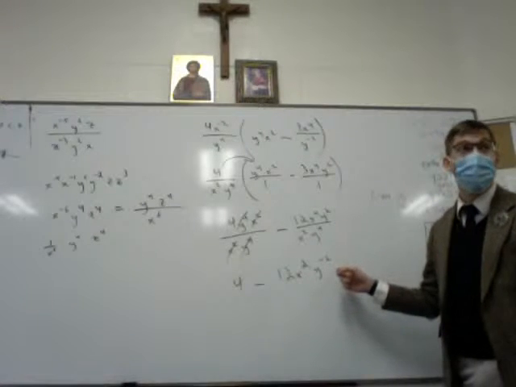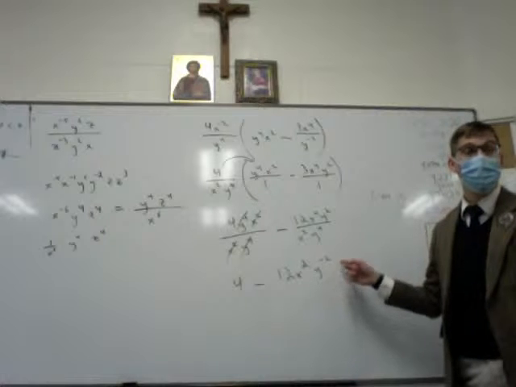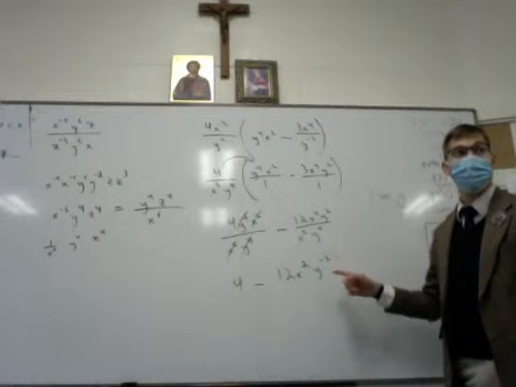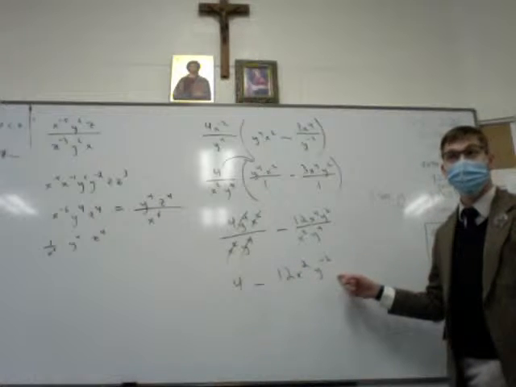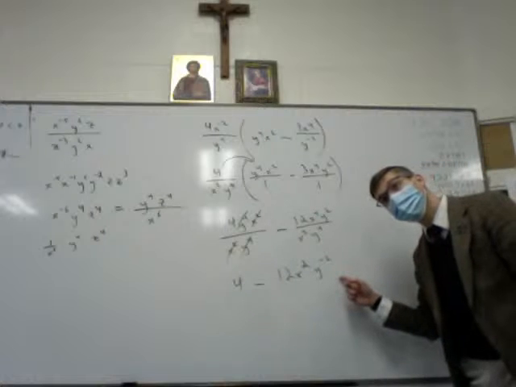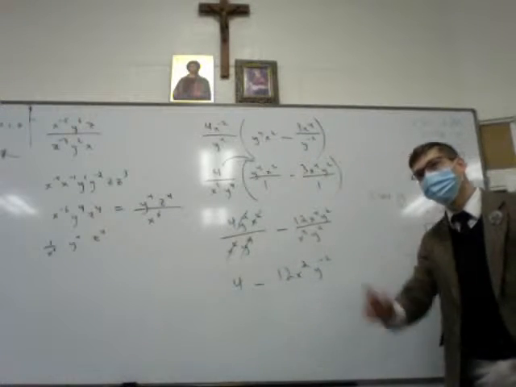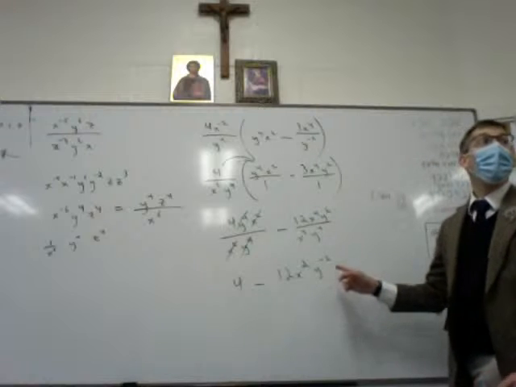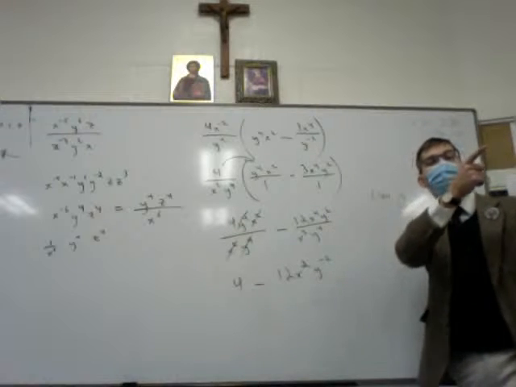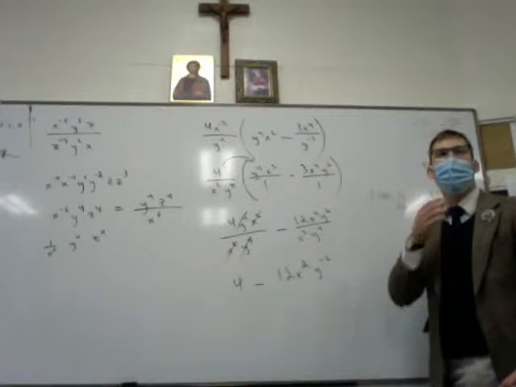Everybody see how we got that? Yes. y squared divided by y to the fourth gives y to the negative 2.